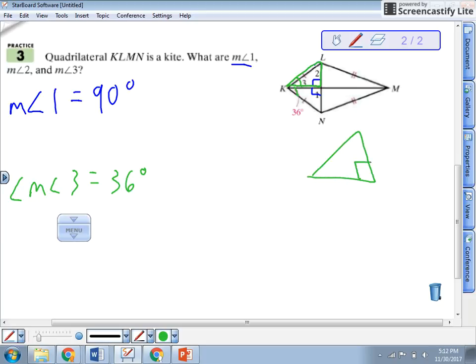I know this is 90. I know this is 36. I'm not sure what that is. Well, to find angle 2, I can just take 180 minus 90 minus 36. So 90 minus 36 is going to be 54. So that is going to be 54 degrees. And there you have your properties of trapezoids and kites.